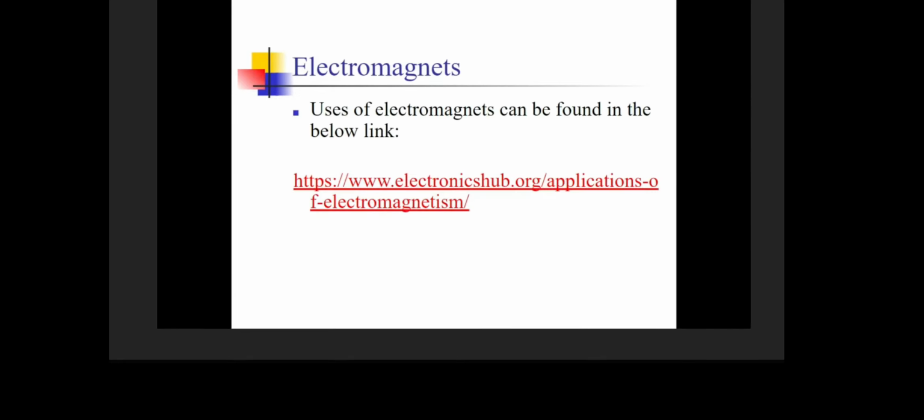All right, now here, they require you to know some uses of electromagnets. I can share what this takes us to, so we can see some uses. But while I'm doing that, can anybody tell me at least one use for electromagnets?